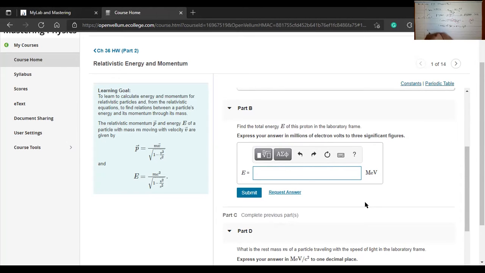So E is the total energy, and that's gamma MC squared. But the mass is 938 MeV per C squared times C squared. Notice that C squared cancels out with that C squared. So really all you have to do is say 2.0282 times 938 MeV.